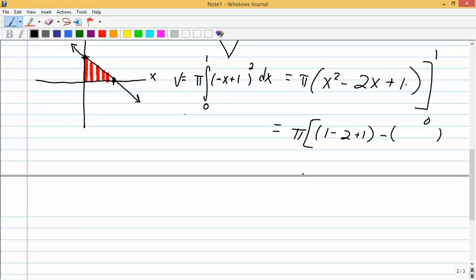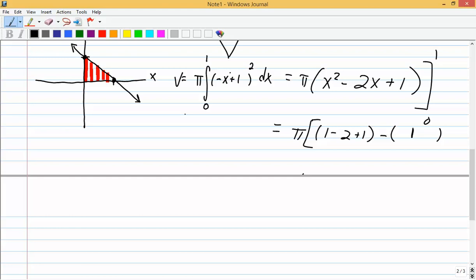Sometimes the function sets up so that plugging in a 0 gives you an answer, but a lot of times what happens is you get so used to plugging in 0 and not getting an answer that you just automatically assume that it's not an answer. So make sure that you don't do that.